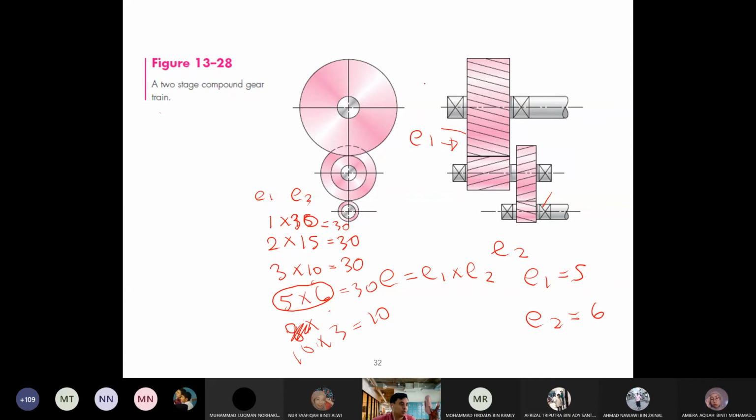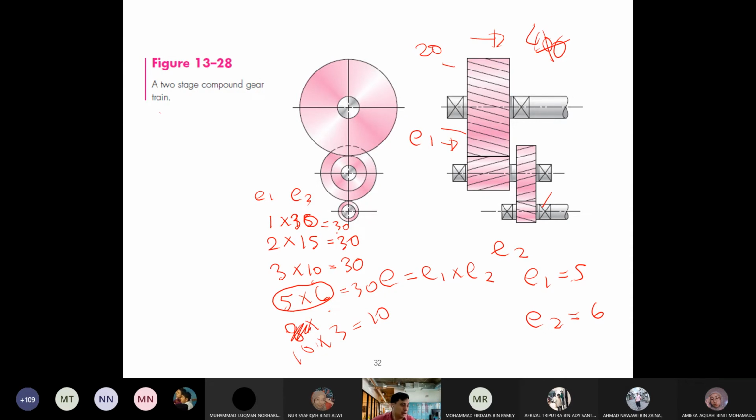Contohkanlah gear ni 20, yang satu lagi tu mungkin jadi 400 gigi. Kita tak nak ni. Okay? Alright? So that's why kita ambil combination the nearest by 5 darab dengan 6, which is equals to 30. So we're not going to take 2 darab 15.